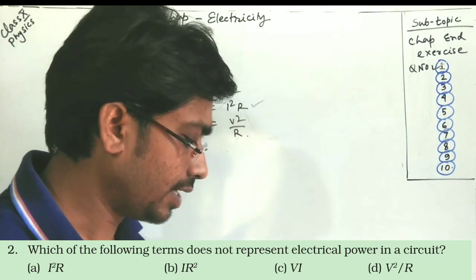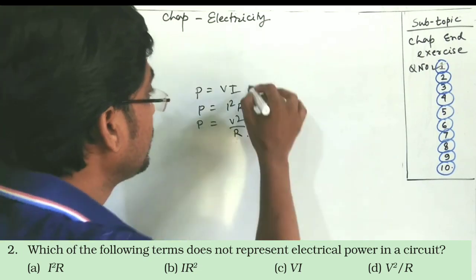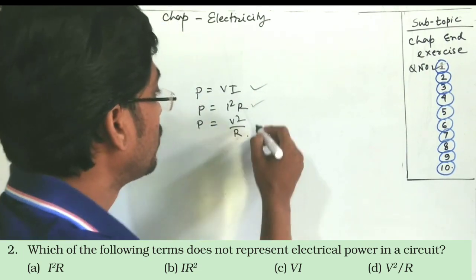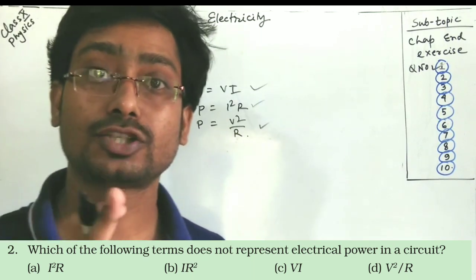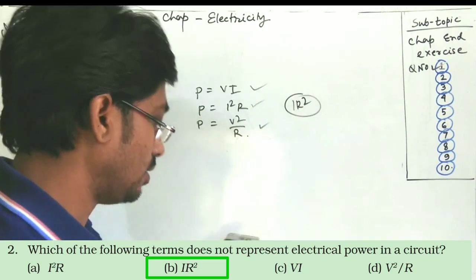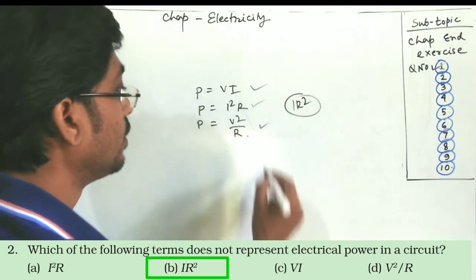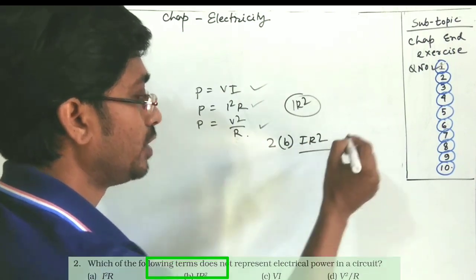The second option is I R square, no, that is not. Then VI, then V square by R. The question asks which does not represent power, so that will be I R square. The answer is option B, I R square.